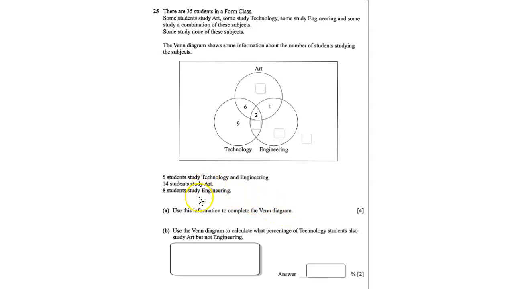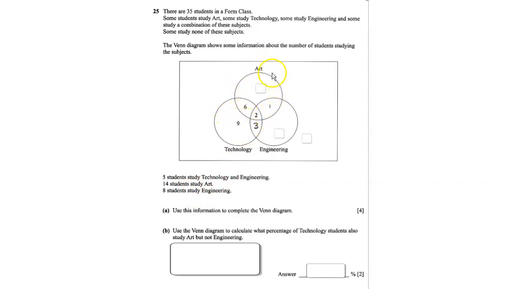So when it says 5 students study technology and engineering, it will be in between those two, technology and engineering, and you'll find that 3 and 2 would equal 5. 14 students study art, so you can see this big circle here would be the 14.